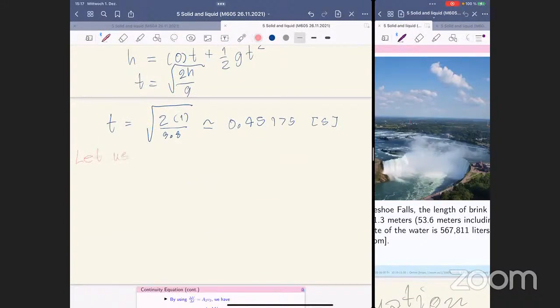Let's consider the motion of the water along the horizontal way.